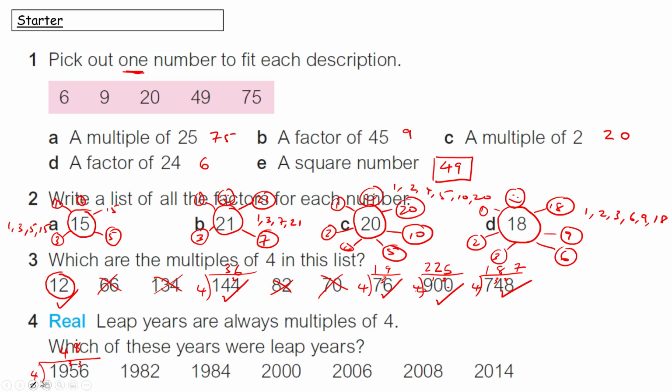Carry 3, and then 4 into 36 is 9. So 1956 is a leap year, as is 1984, not 1982. Got a remainder there. Goes into 2000, not into 2006, goes into 2008, and not into 2014.